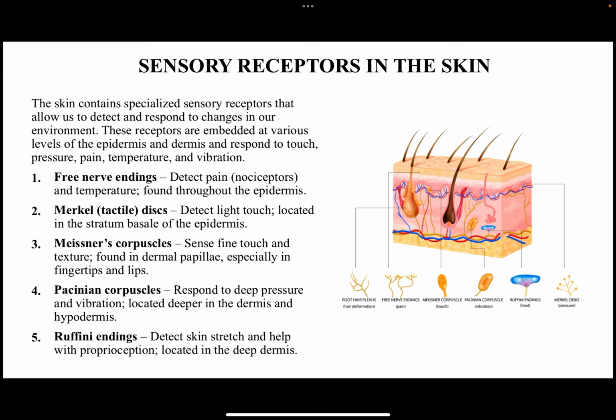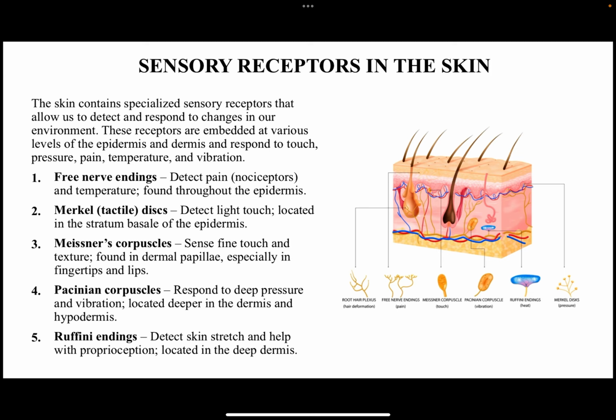We also have the Meissner's corpuscle. They are located just at the boundary between the basal layer and the papillary layer of the dermis.